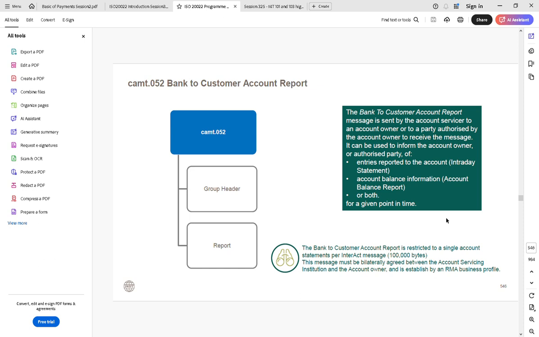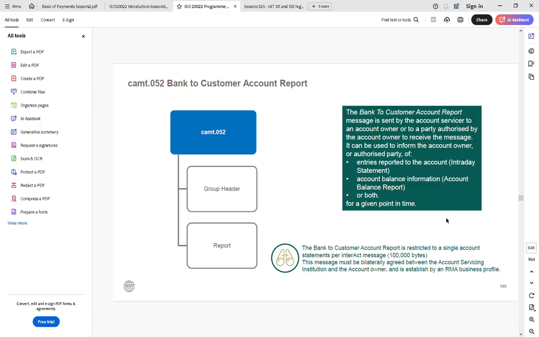The bank to customer account report message is sent by the account servicer to the account owner or party authorized by the account owner to receive the messages. It can be used to inform the account owner or authorized party of entries reported to the account, intraday statement, account balance information, and account balance report for a given particular time.